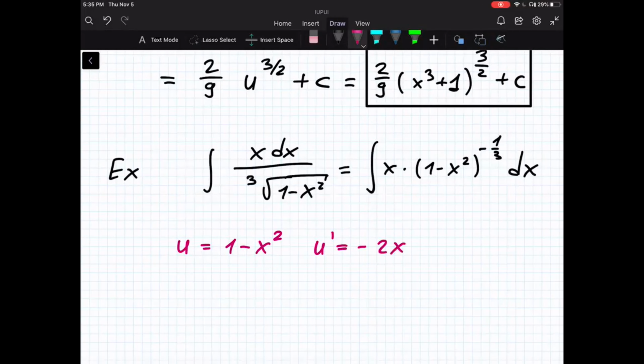So as I did before, I can multiply and divide by minus 2. And so I'll get minus 1/2 integral 1 minus x squared to the power minus 1/3 times minus 2x dx.